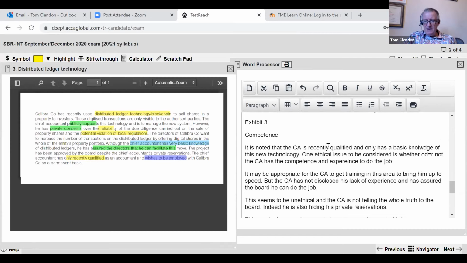It's noted the chief accountant briefing qualifies only a basic knowledge of new technology. One ethical issue is whether or not he has the competence and experience to do the job.